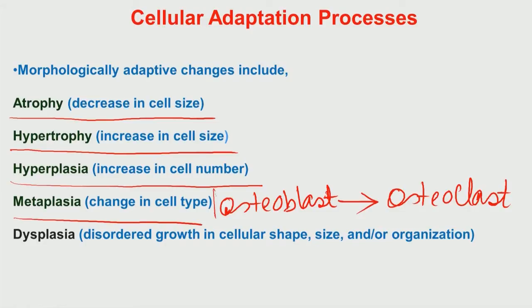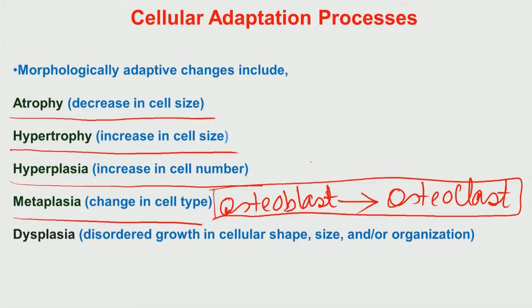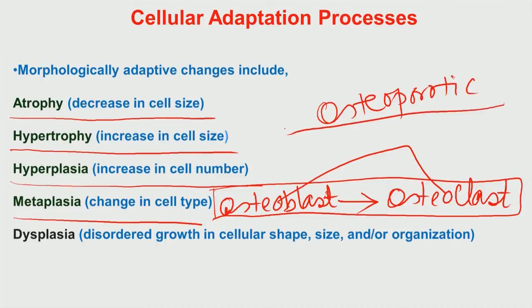I might have mentioned in one of the earlier lectures that in a healthy human bone you have to have an appropriate balance between these two cells. In osteoporotic bone, where there is large bone loss, you have a larger concentration of osteoclast. So, osteoclast increases and therefore that makes the bone osteoporotic.